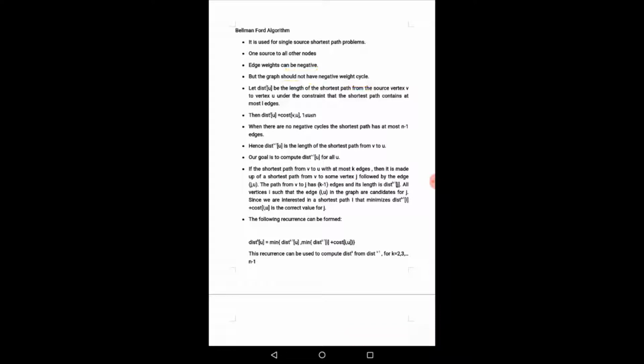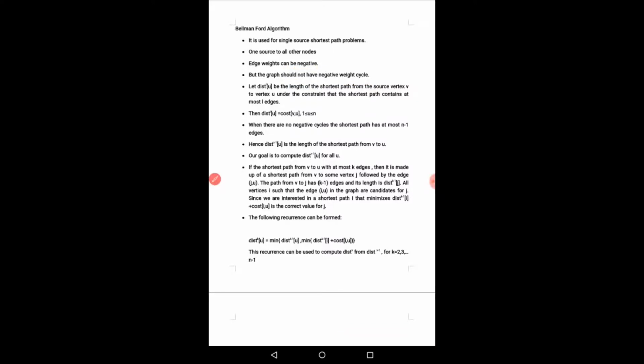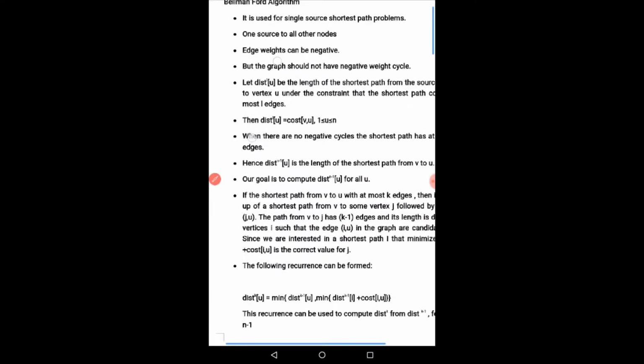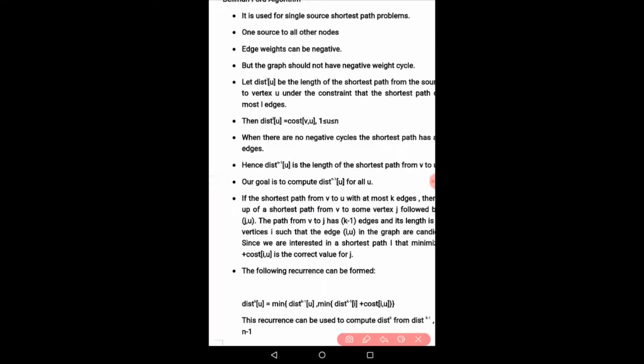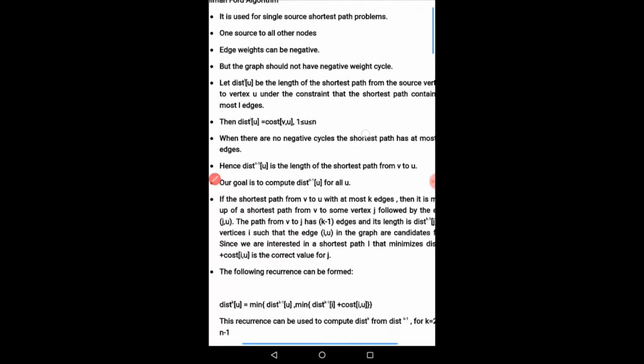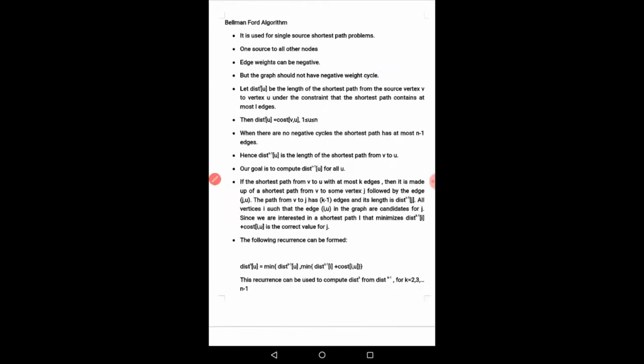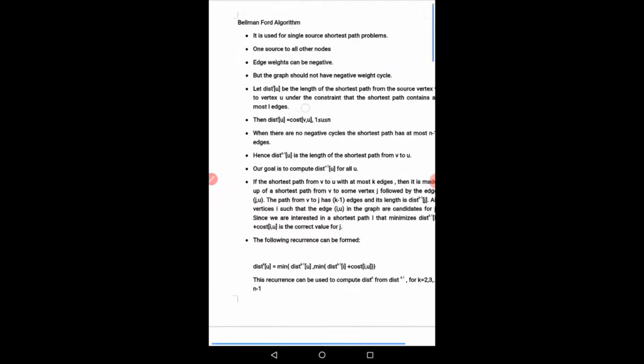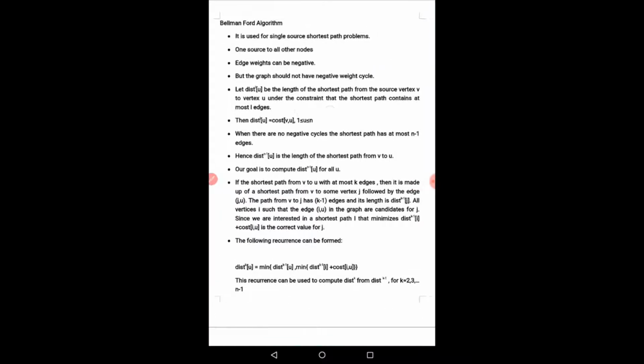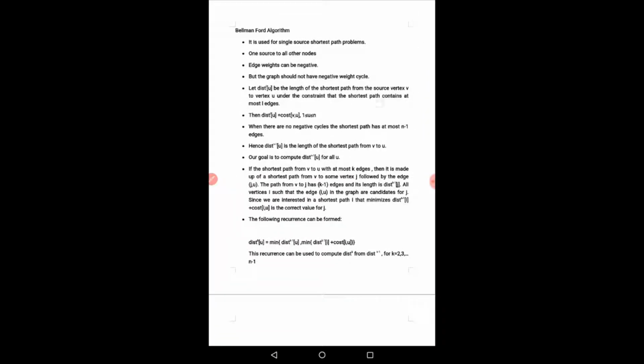Now coming to the algorithm, we can see the distance dist L of U, let it be the length of the shortest path from the source vertex V to vertex U under the constraint that the shortest path contains at most L edges.